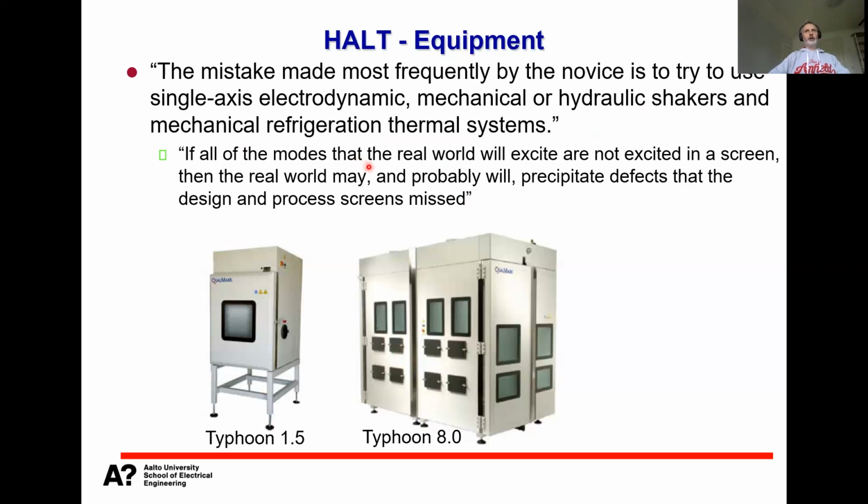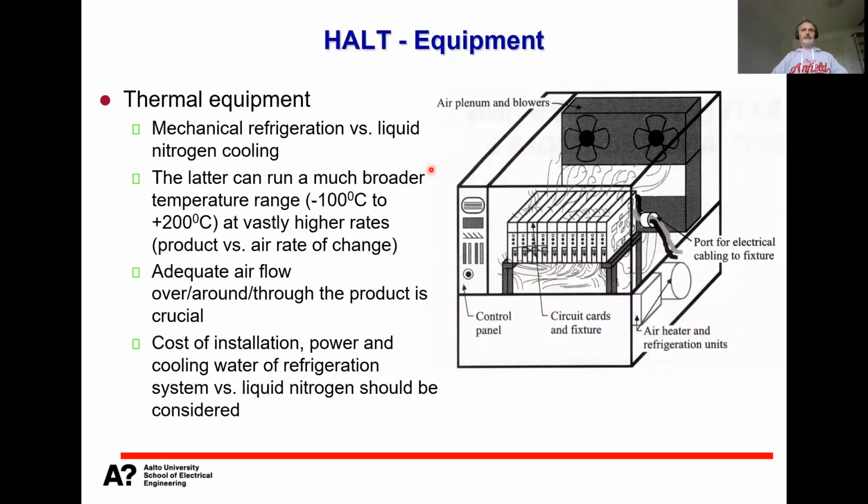Now we could think, is it always necessary to have this kind of equipment which they are selling? Basically, now a short discussion: what is the difference between mechanical refrigeration and liquid nitrogen cooling? If you have liquid nitrogen cooling, then you can go to lower temperatures.